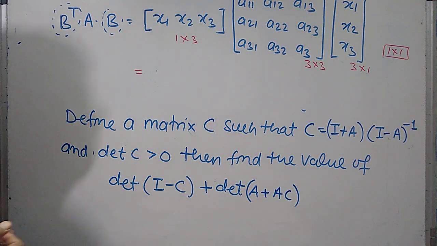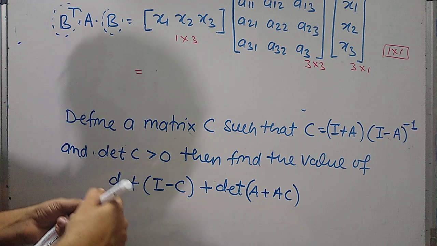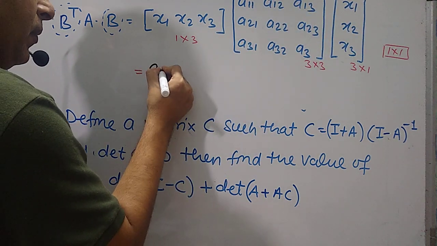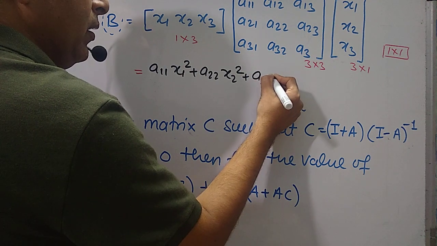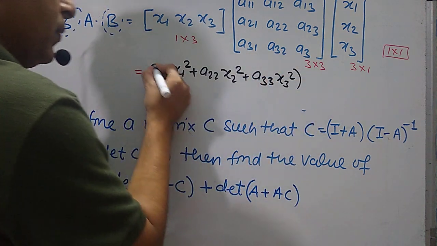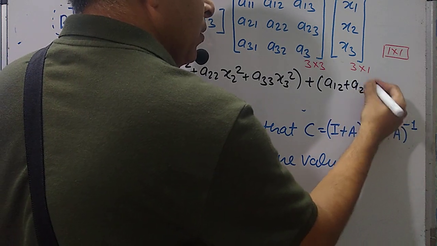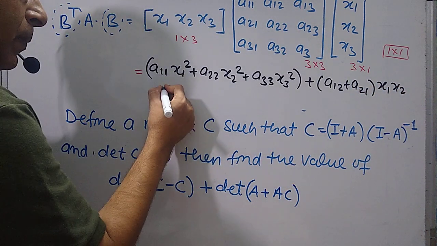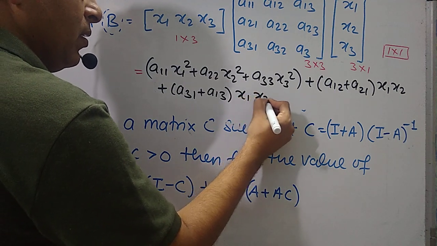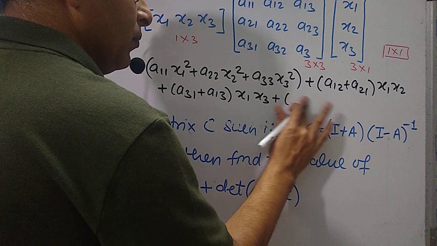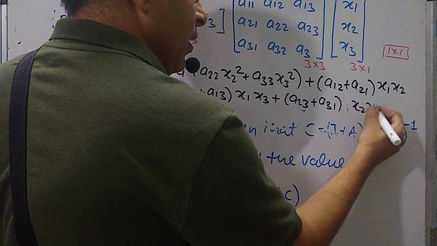Now if you multiply x1, x2, x3 with the A matrix and then with this column matrix, we get a 1 by 1 matrix, and that will be A11 x1 square plus A22 x2 square plus A33 x3 square plus (A12 plus A21) x1 x2 plus (A31 plus A13) x1 x3 plus (A23 plus A32) x2 x3.